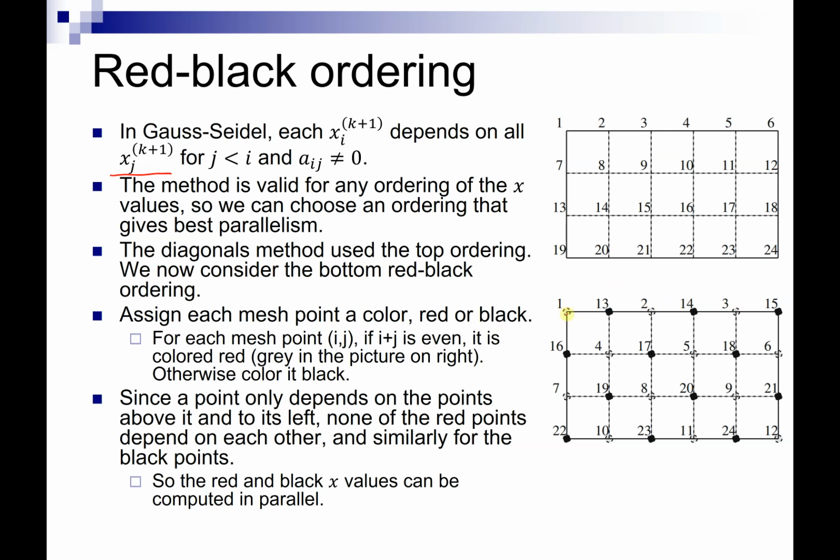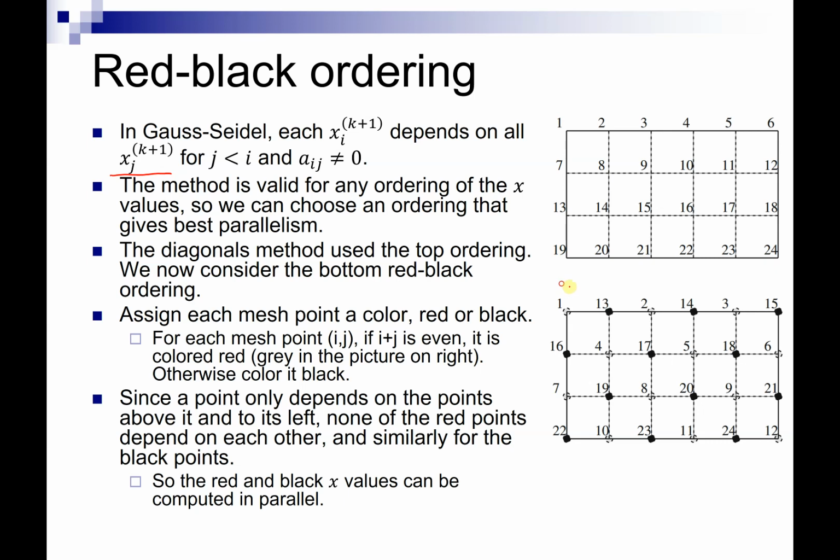So this is the first red point, that's the second, that's the third, 4, 5, and so on. Those are all the red points, and then we're going to order all the red points before all of the black points. Here there are 24 points in total, so we're going to order 12 red points, and then we're going to have these black points, 13, 14. Overall, this is going to form this checkerboard pattern over here.